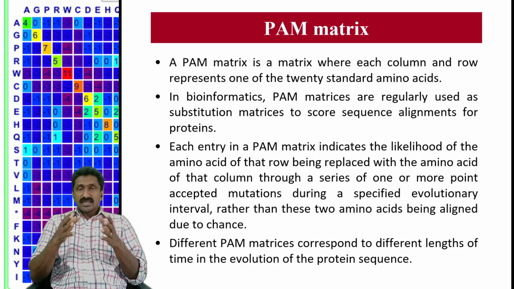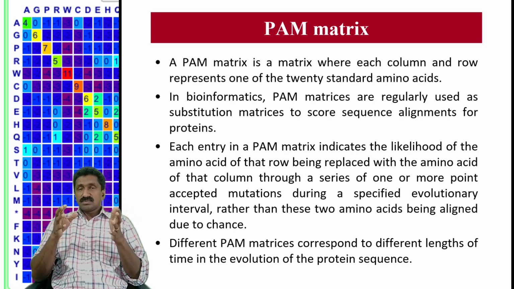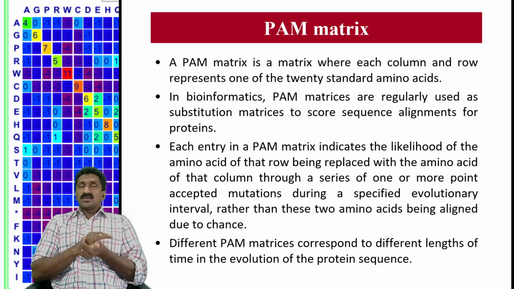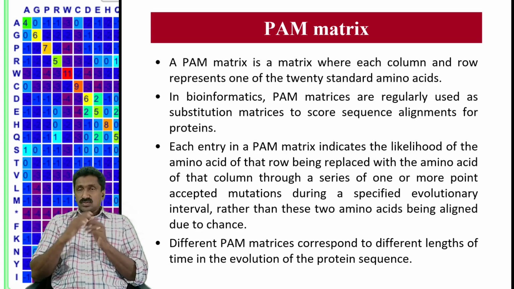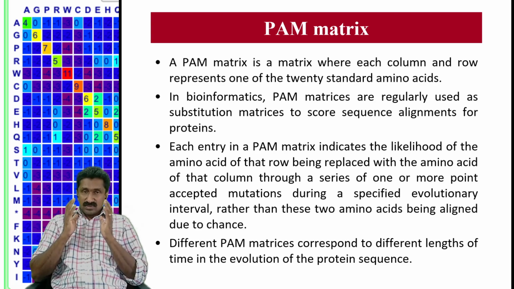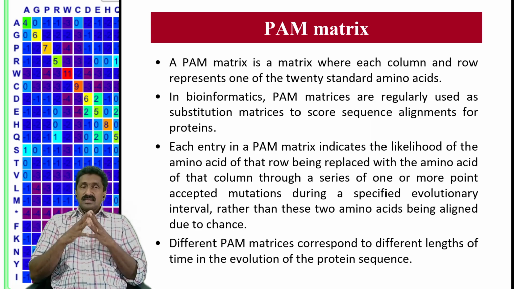There is a possibility that a random alignment by chance can be expected, but if you are accepting it, it should be a mutation, that is, the editing required to change one string into another. So the probability of a substitution of one amino acid with another is calculated, and that value is used for calculating this matrix.